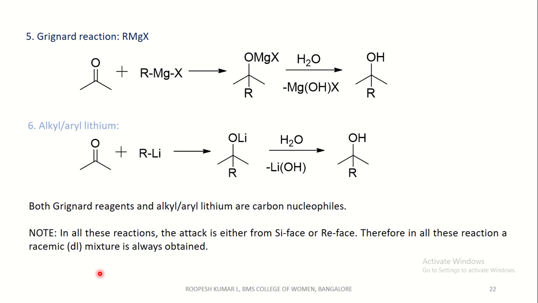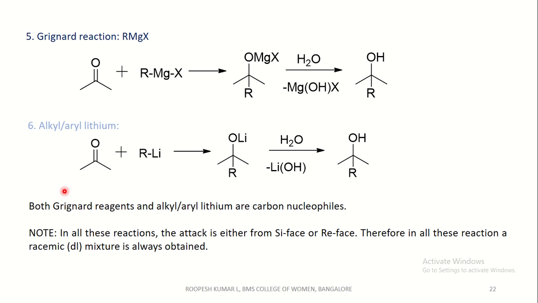Coming to the Grignard reaction, as we know, RMgX is also called Grignard reagent. This Grignard reagent reacts with acetone to form the corresponding OMgX. This on treating with hydrogen, that is quenching with water, this salt is formed, which moves into the water layer. We get a corresponding alcohol.